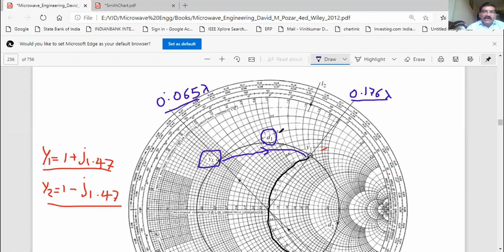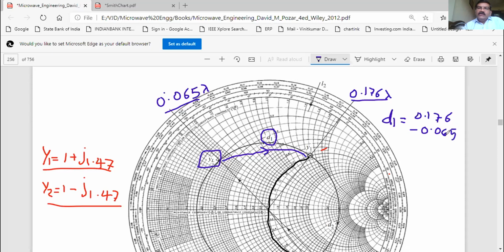So what will be D1? The difference of these two. I'll just write here: D1 equals 0.176 minus 0.065.